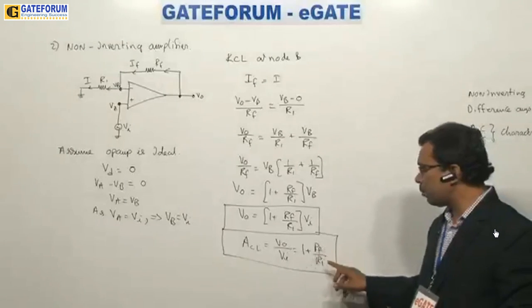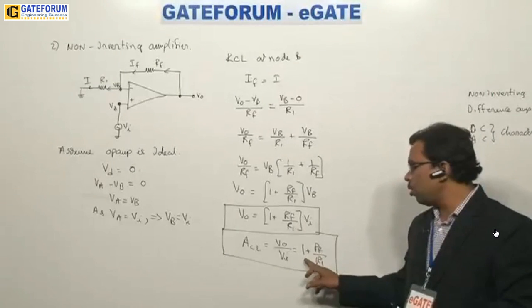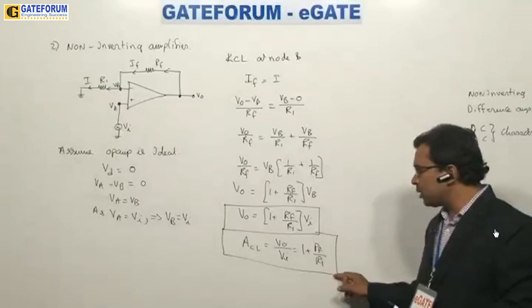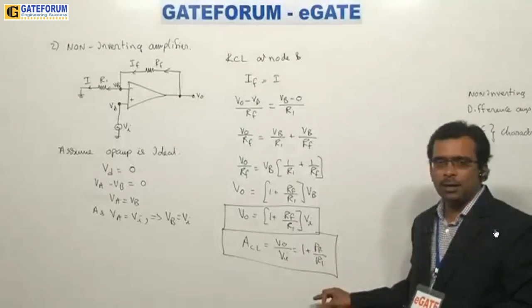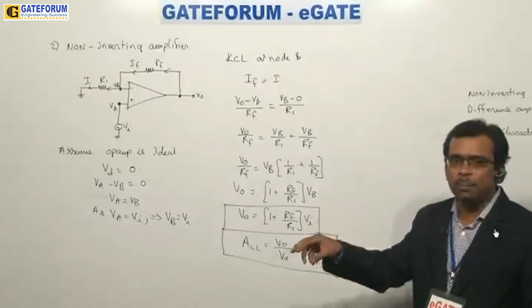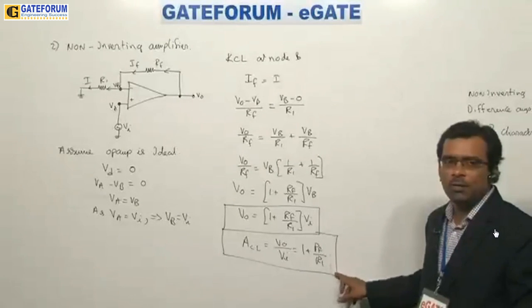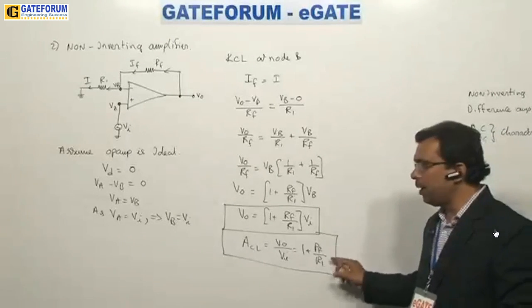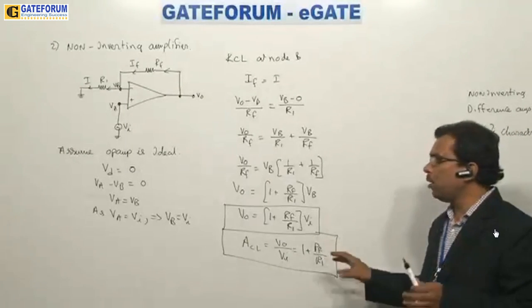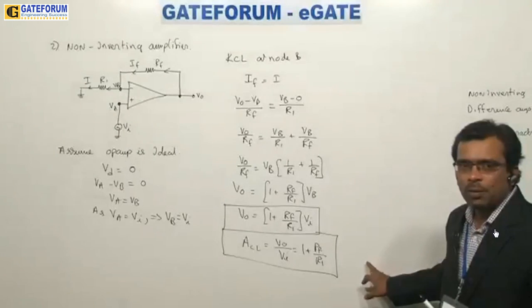In this formula, the gain of the op amp is not dependent on the op amp itself. It is dependent on the resistors we connect, which provide feedback for the circuit, that is RF by R1. This is the point we need to remember. So this is the gain of the non-inverting amplifier.